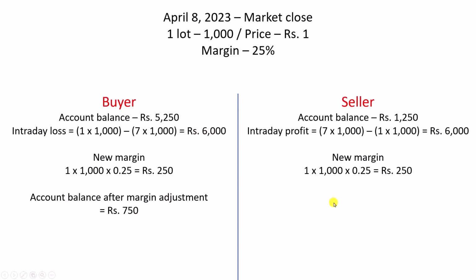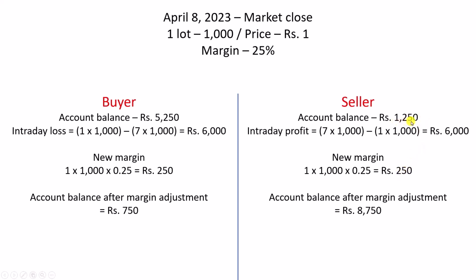Now, coming to the seller side, the account balance after margin adjustment is this much. How is it so? This is the account balance from the previous day. To this, add 1500 rupees margin money. Okay, that comes back.